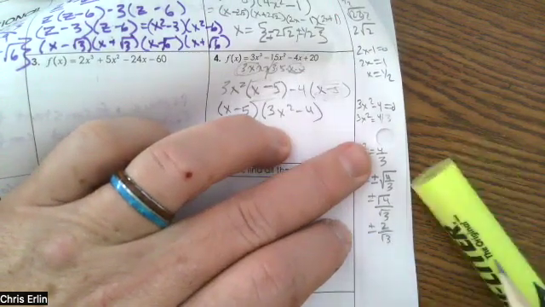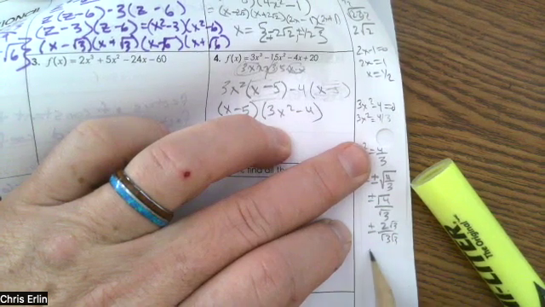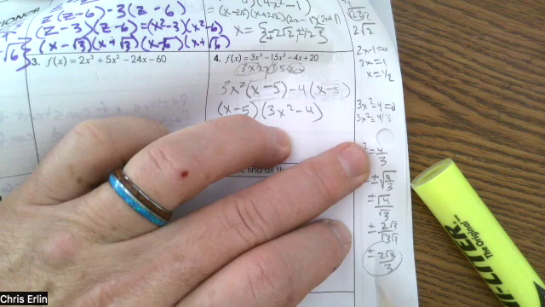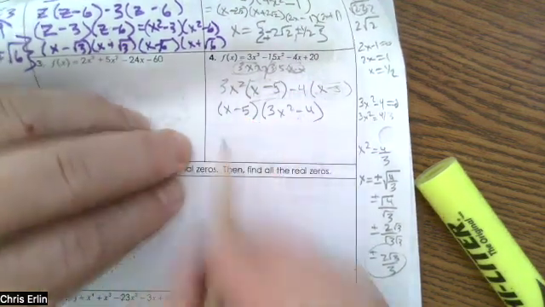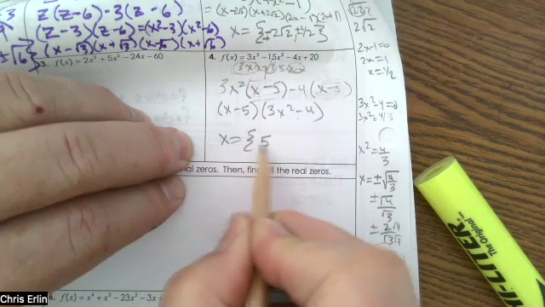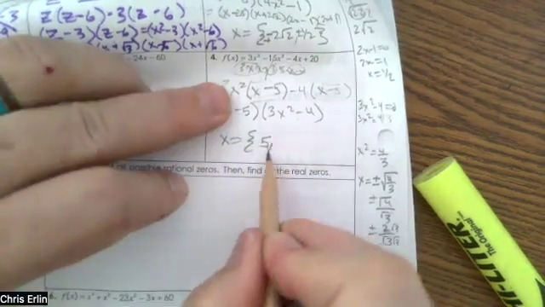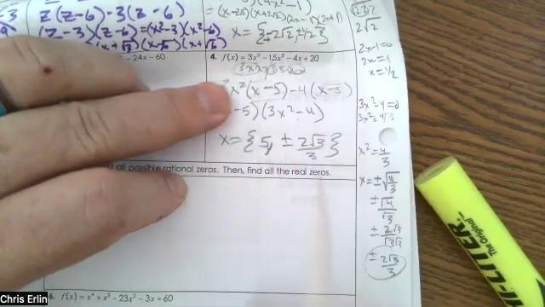How do I rationalize that? Root 3, so this becomes plus or minus 2 root 3 over 3. That gives me my 2 roots, which is what I expected for a quadratic. So my zeros here end up being 5, and then plus or minus 2 root 3 over 3.